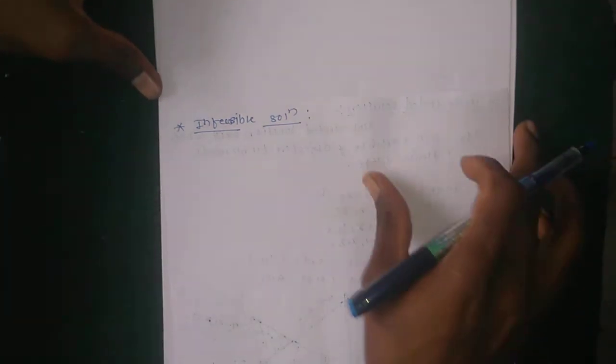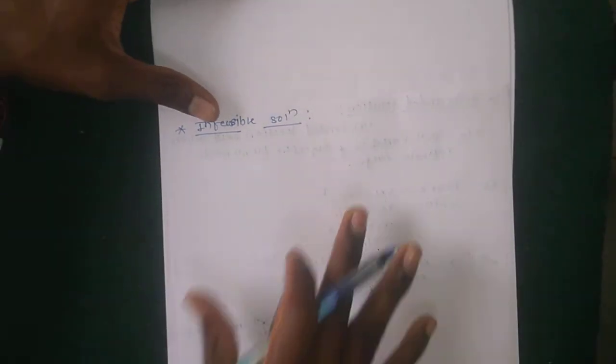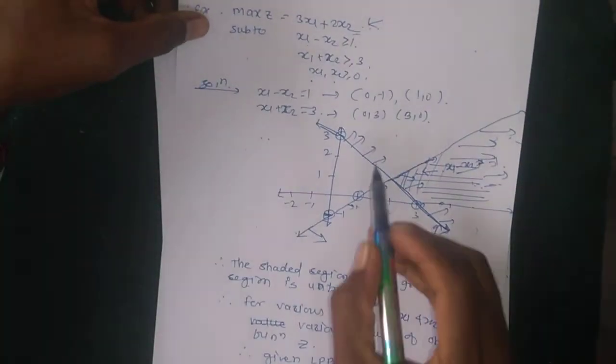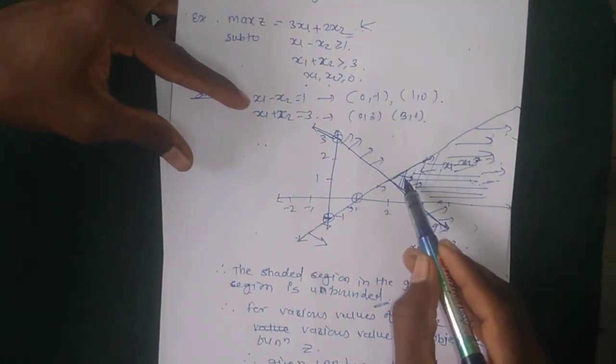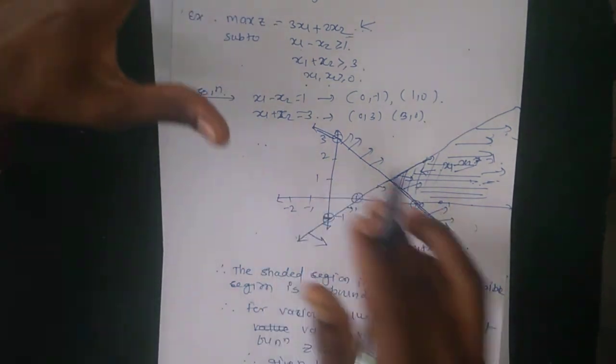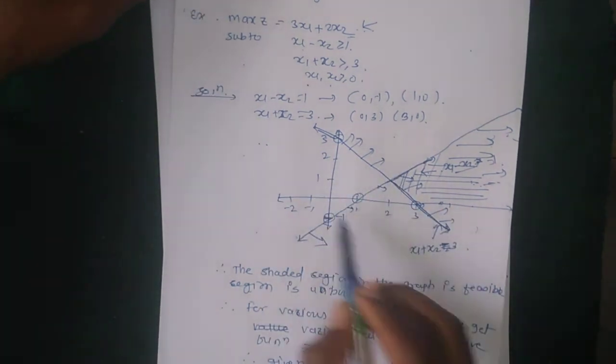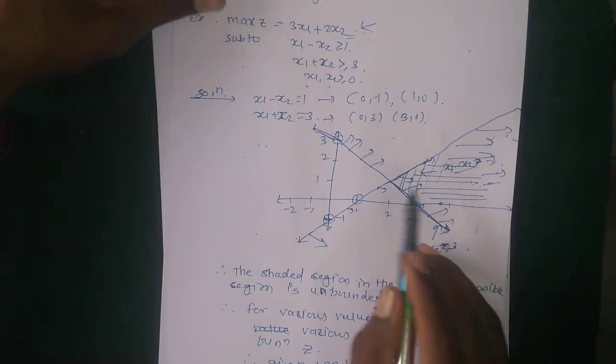Infeasible solution means the given problem has no feasible solution, or the region is not common, meaning all constraints do not satisfy a common region. Suppose this line has its region on the upper side and this line has its region on the lower side, then there is no common region and therefore the given LPP has an infeasible solution.